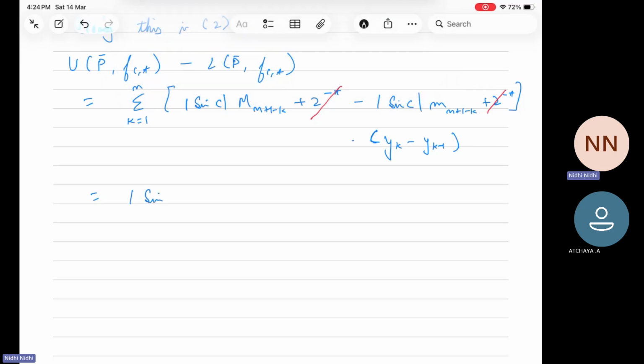This is equal to |sin c| summation k from 1 to n of M_{n+1-k} minus small m_{n+1-k}, and this y_k is a plus b minus x_{n-k} minus a minus b plus x_{n+1-k}.